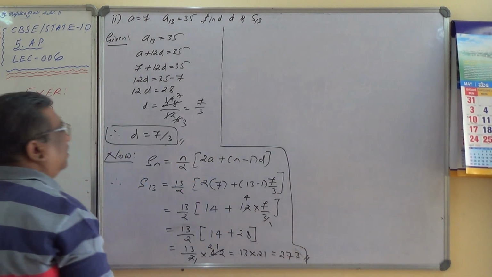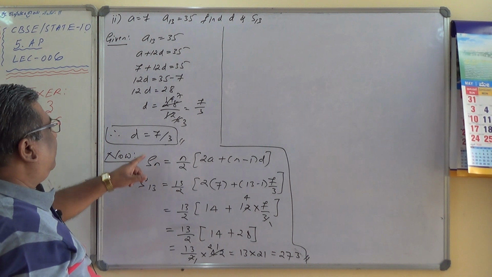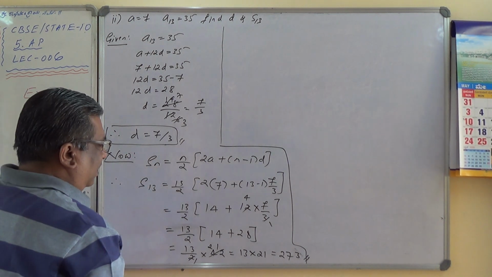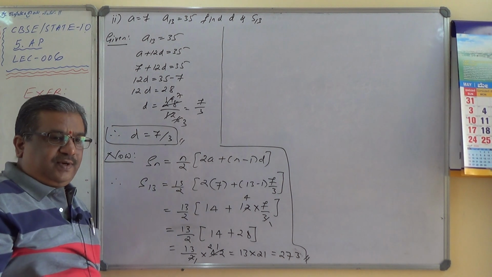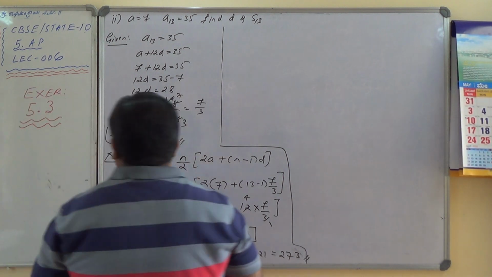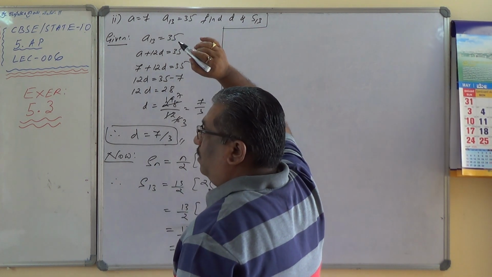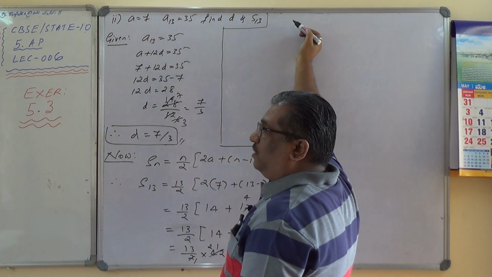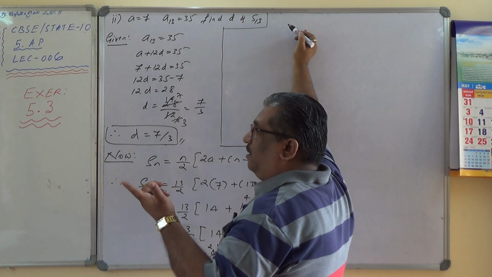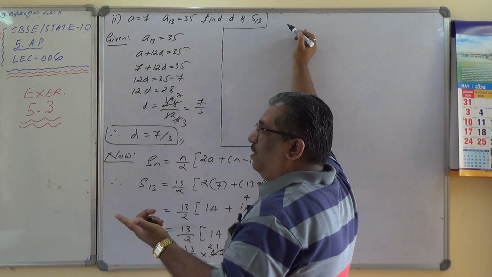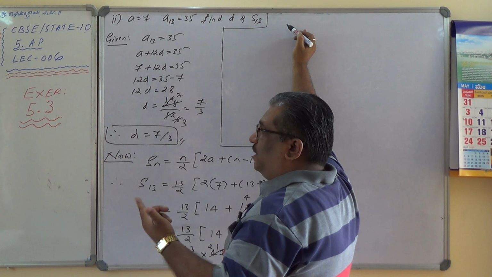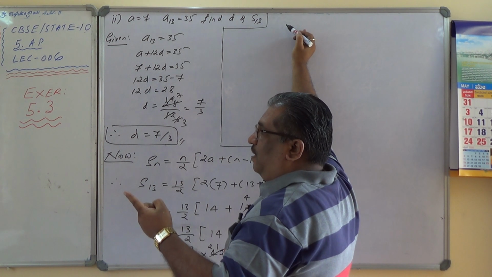Finally, you can write D equals 7 by 3 and S13 equals 273. Okay, next I'll take. Second is over. Third, A12 is given, D is given, A you can find, S12 you can find, you do yourself. Fourth I'll take.